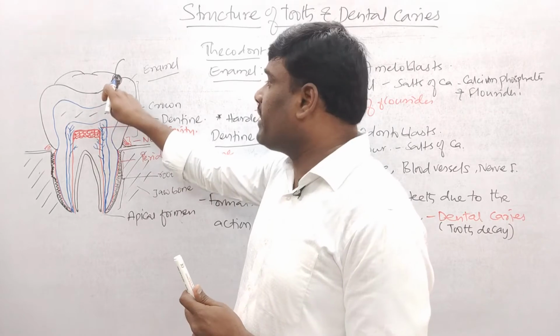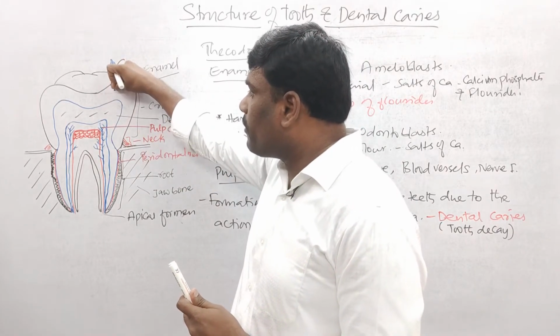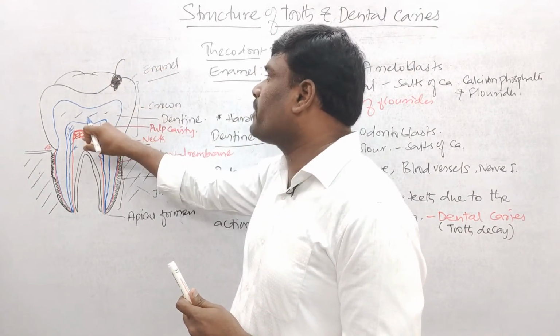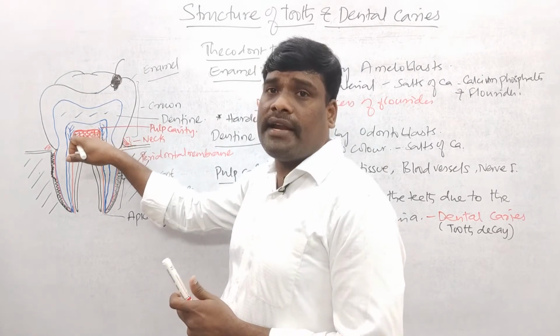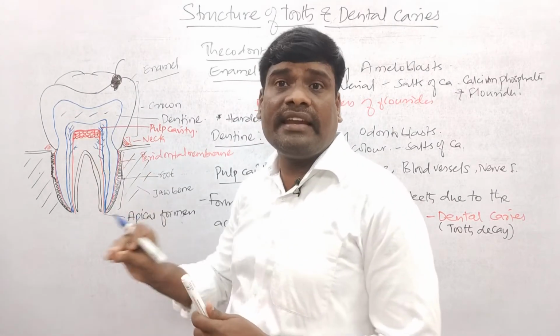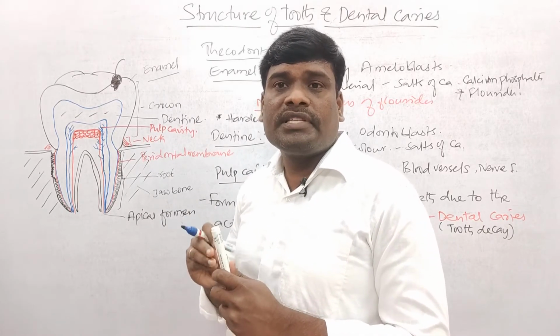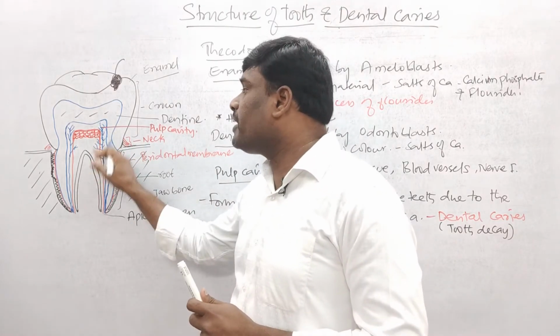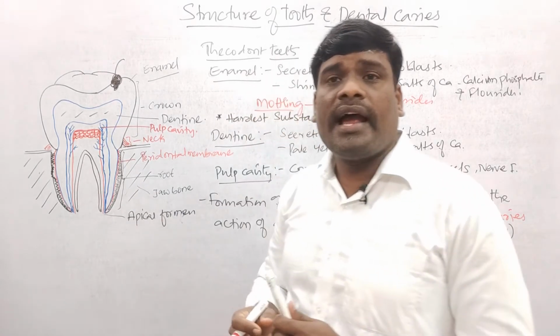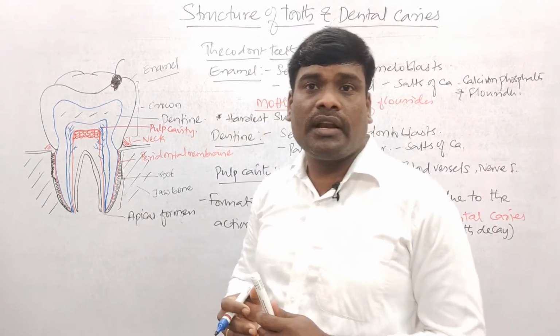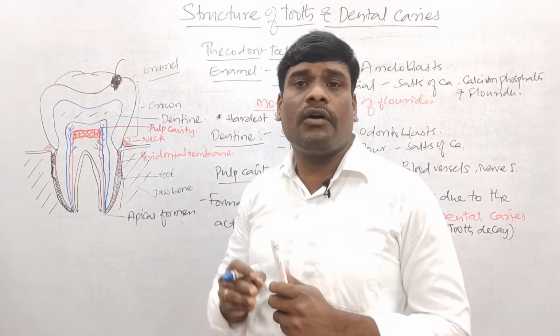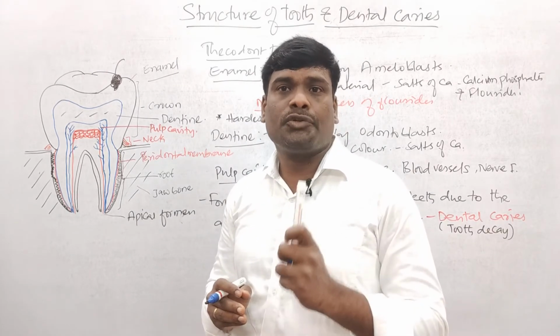When the hole connects to the pulp cavity, the nerve endings get irritated. Because of this irritation there will be an inflammation in the pulp cavity, and that results in severe pain. We call that pain a toothache.